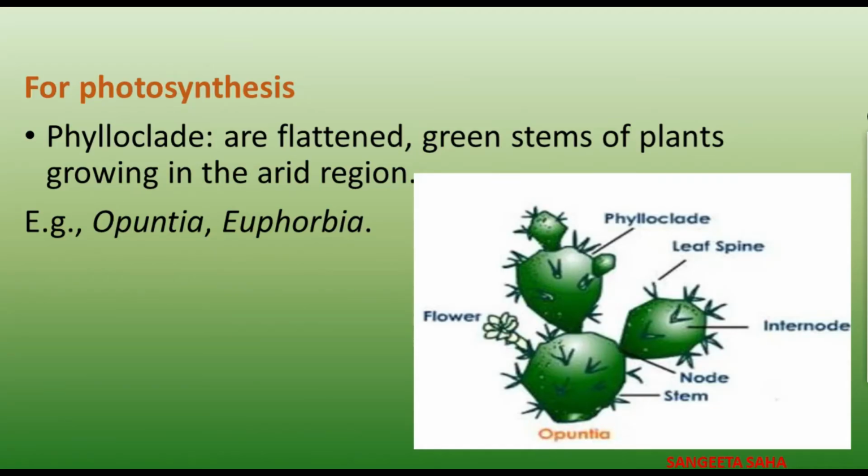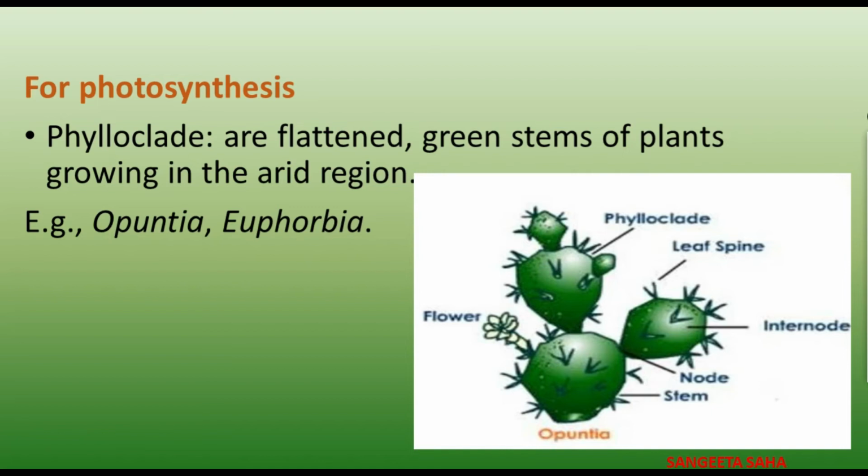Another type of modification is done for photosynthesis, and the phylloclade is the modification which is seen in Opuntia, that is commonly known as cactus, and these are flattened green stems of plants growing in the arid region.